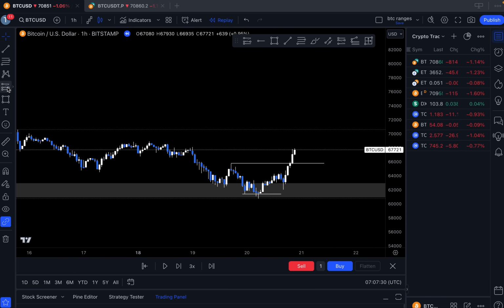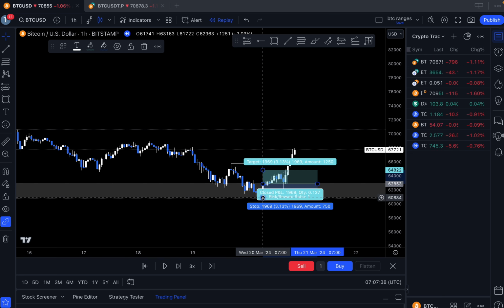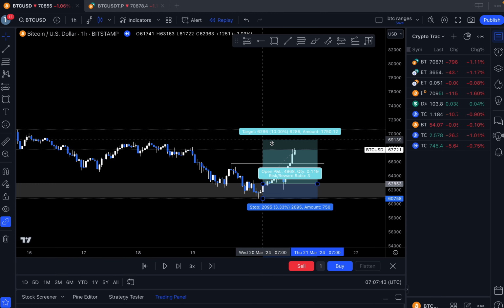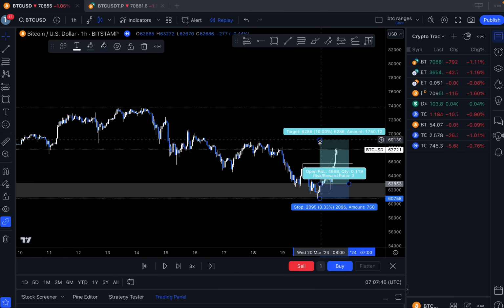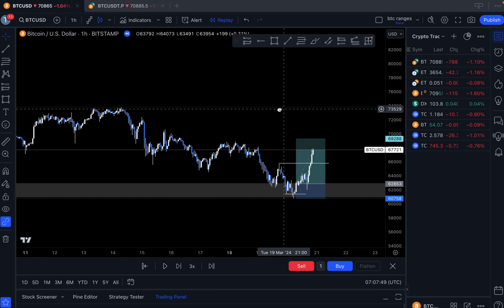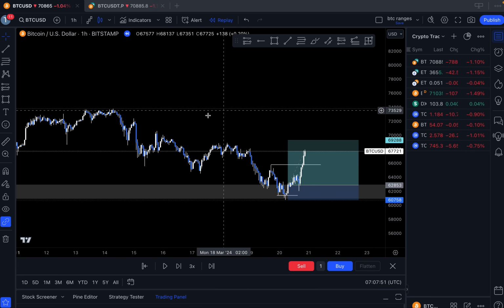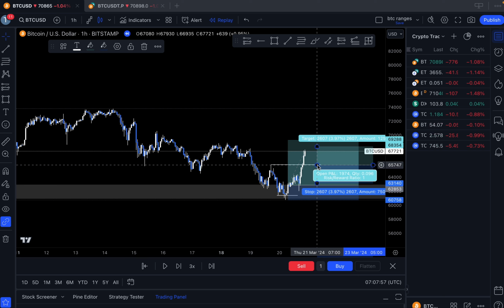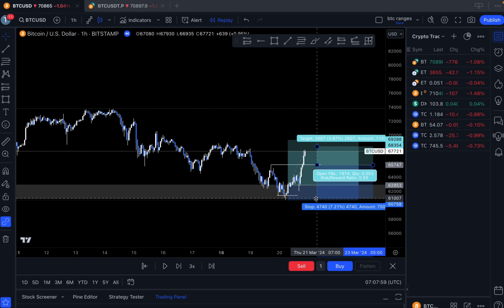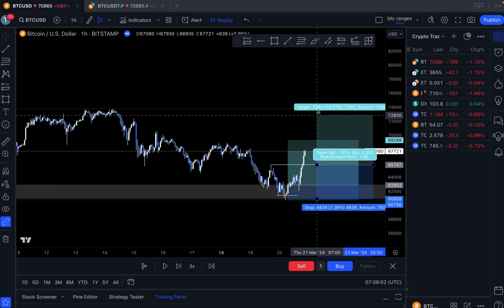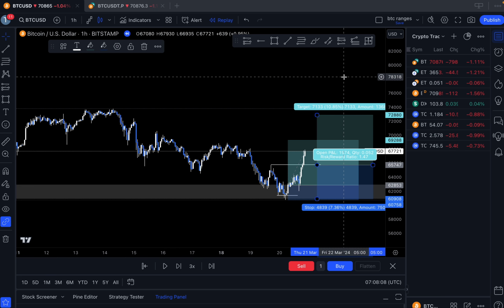You could enter on the SFP candle, stop at the SFP, and then target the highs of here maybe. That's one entry place. Otherwise you could enter here, which has confirmation from the break of market structure. However, the risk-to-reward is just not there, so it's not exactly a trade I would take.